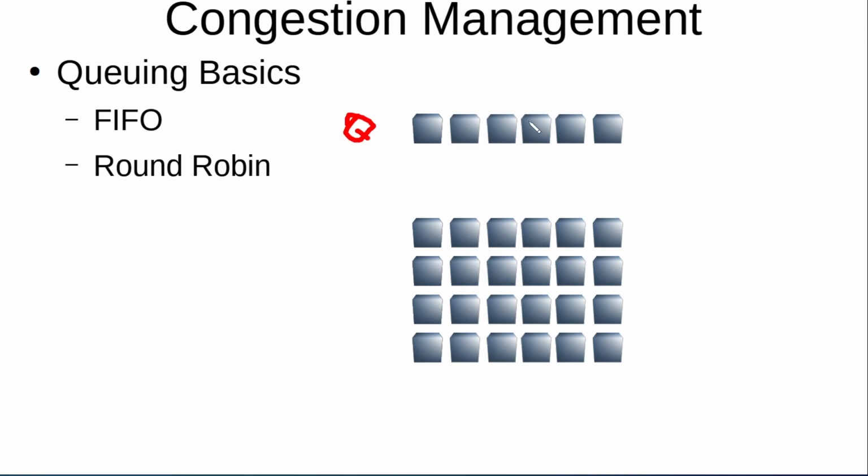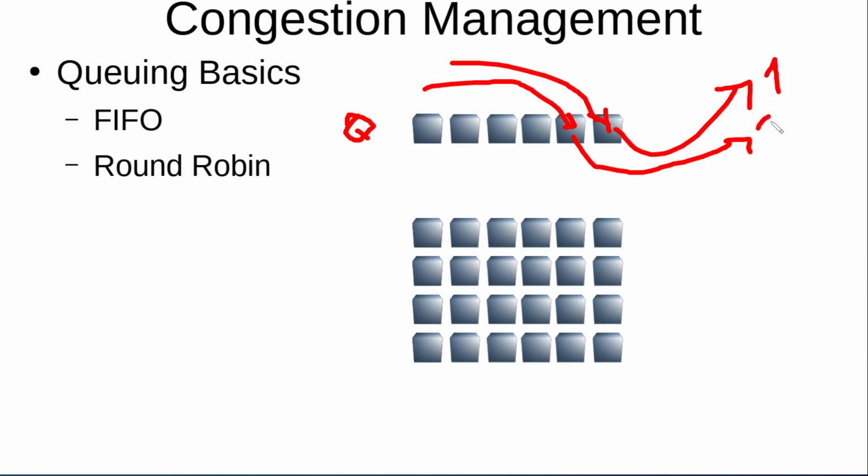With FIFO queuing, the first packet that arrives to the queue will get served first. Then the second packet that arrives will be served second, and so on. That is what first in, first out means.